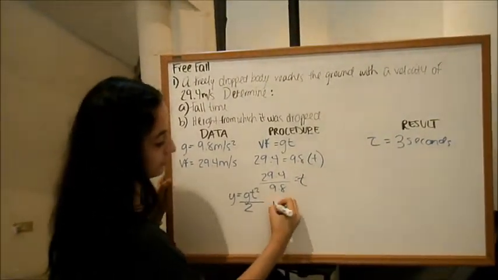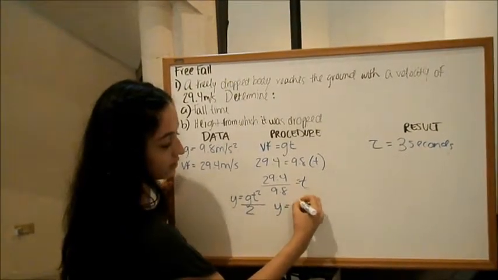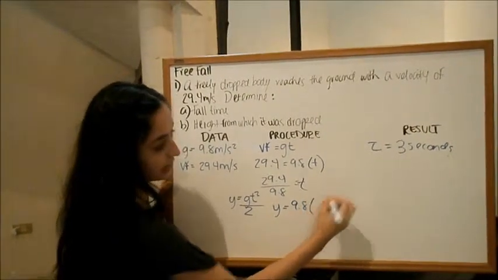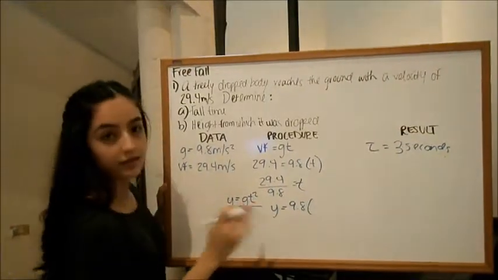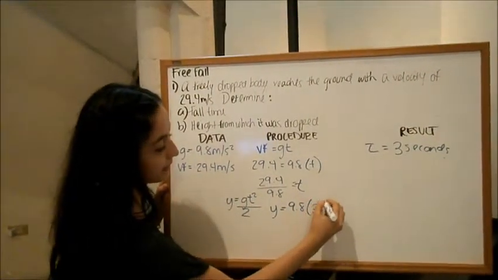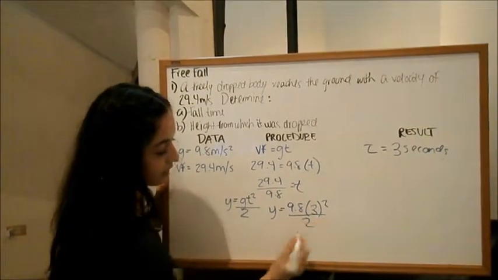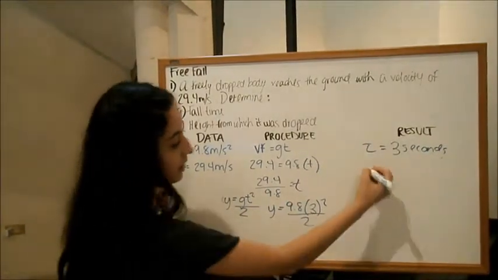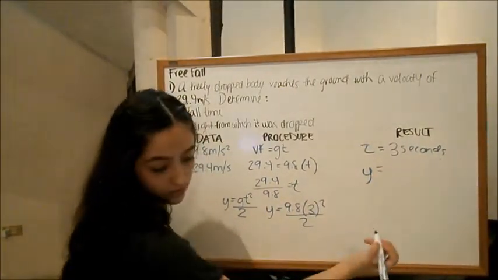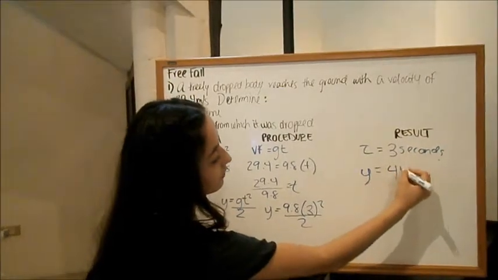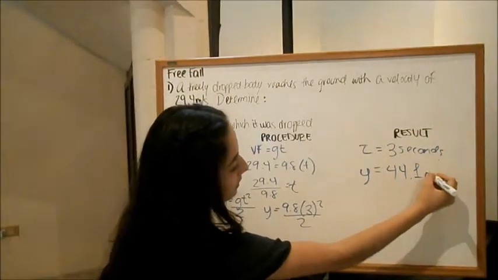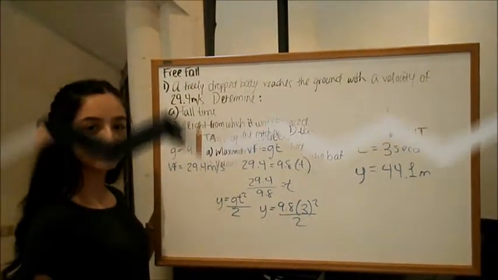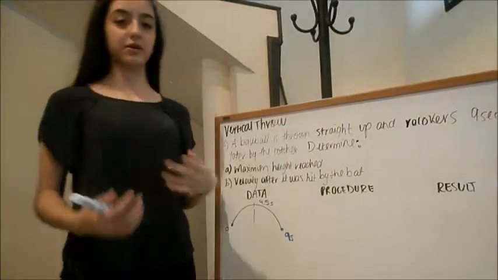So it would be y equals gravity, which is 9.8, times 3 squared, because we already got the time, over 2. You do the operations, and the distance would be 44.1 meters.